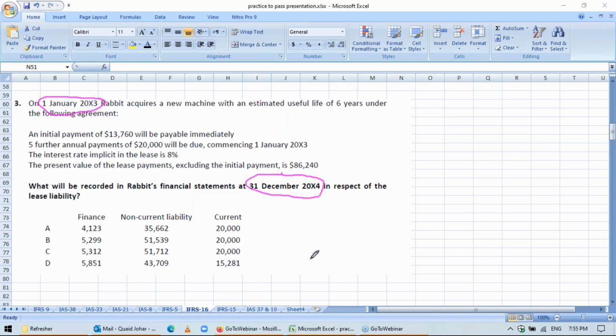Lease has been signed in 2003. These people are talking about the second year. So let's make the same schedule which I drew earlier, the lease amortization schedule.